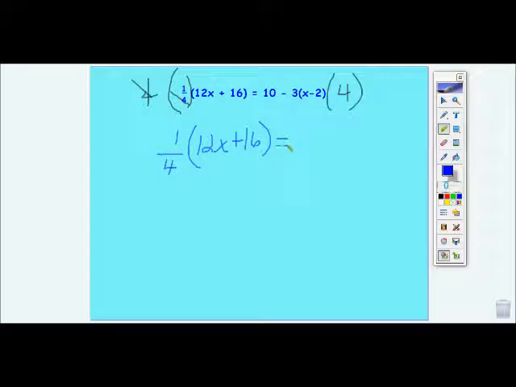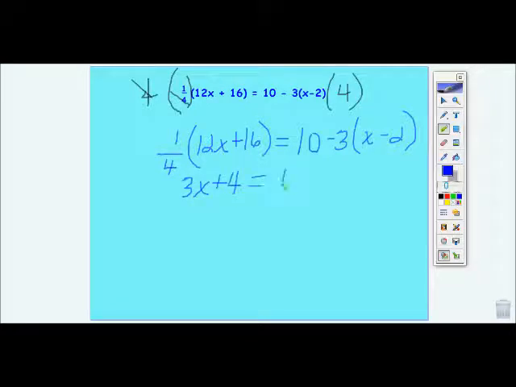So I can go ahead and do the distribution. So 1/4 of 12x, so 12x divided by 4 would give me 3x. And 1/4 times 16, or 16 divided by 4, would give me 4.